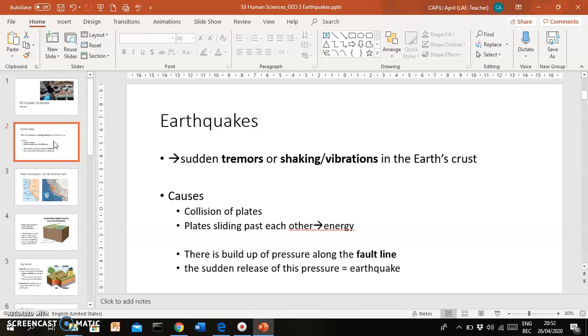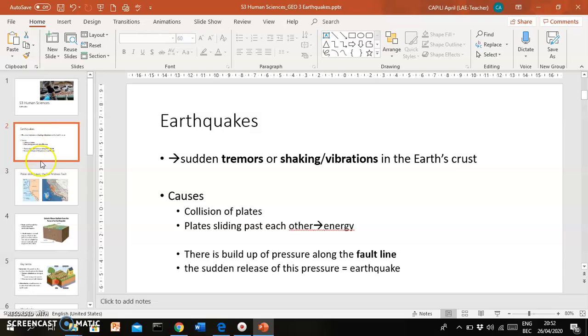So the crust is made up of different plates, different pieces of land, you might say, and then these move, remember? Sometimes because of the movements of these plates, that creates a lot of pressure, so that pressure or energy has to be released.